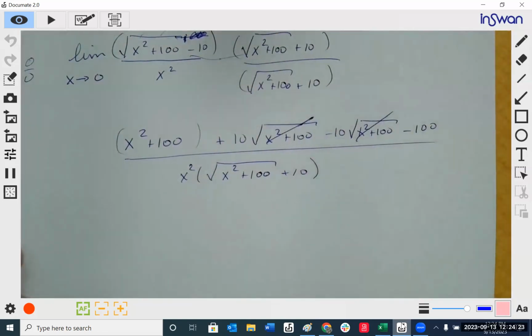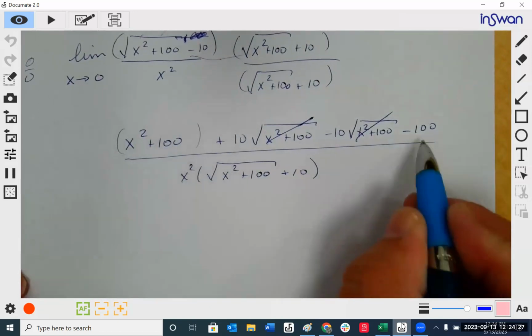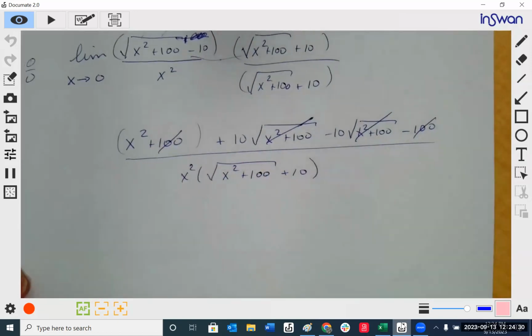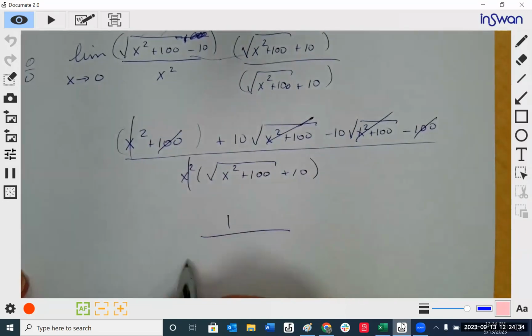These two cancel. So we have x squared plus 100 minus 100. The hundreds cancel. The x squares cancel. So we have 1 over square root of x squared plus 100 plus 10.